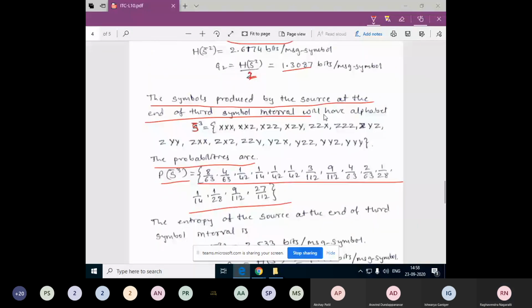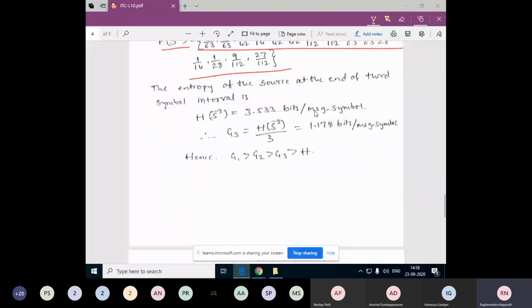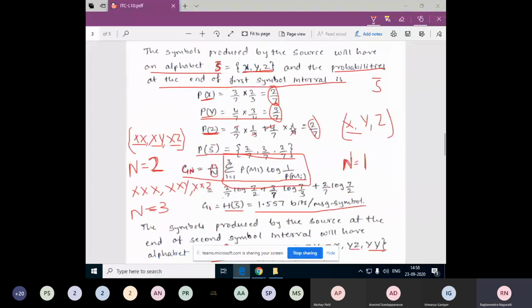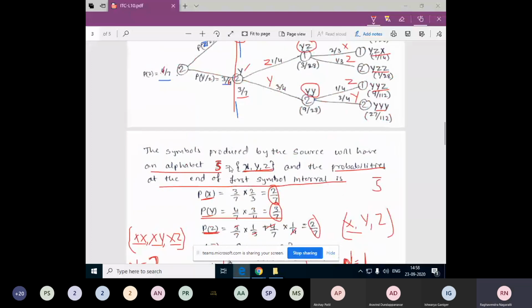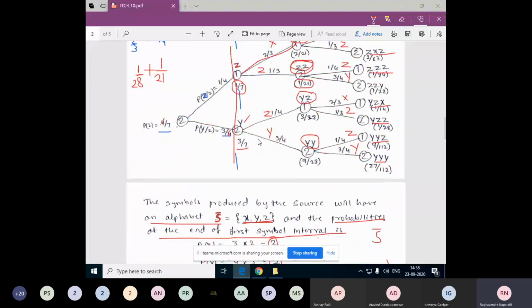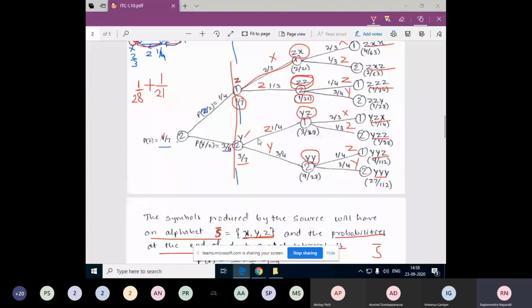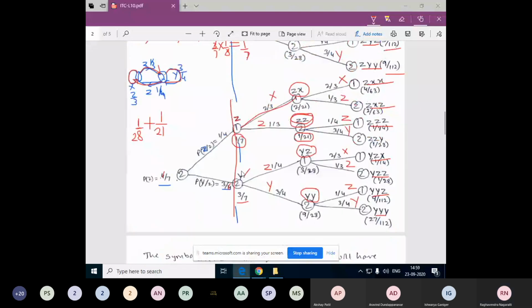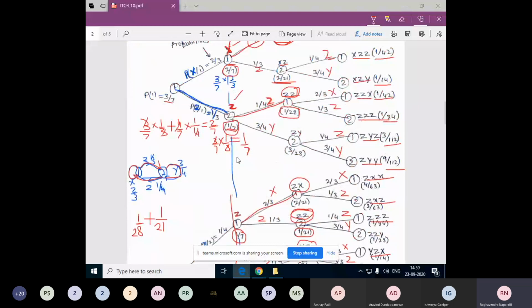But here, for the adjoint source, we are considering the entropy of the zero memory source, because adjoint source is nothing but a zero memory source. This adjoint source is nothing but a zero memory source, which is having the symbols emitted at the end of the first state of the Markov source. So the symbols in this adjoint source are the symbols emitted by the Markov source at the first state or the first order.